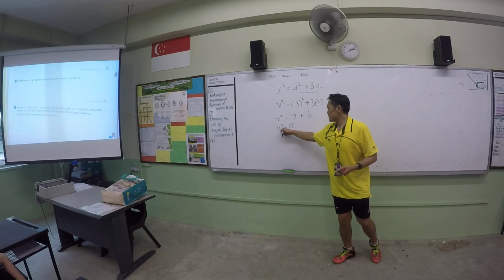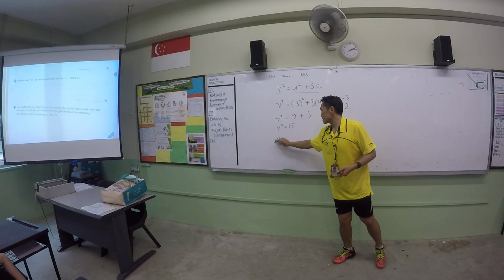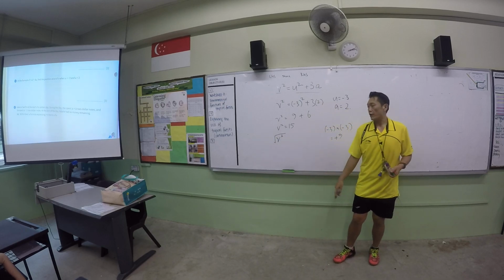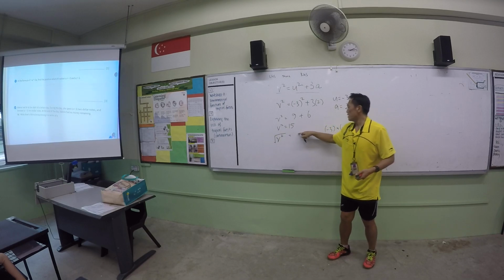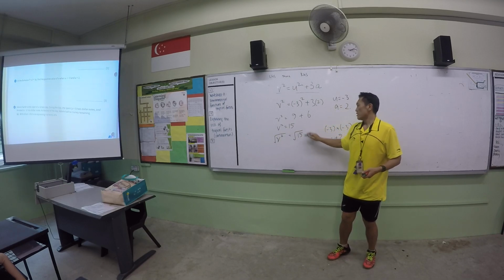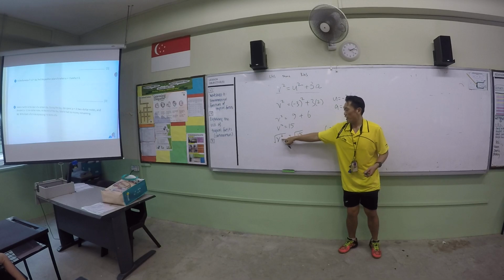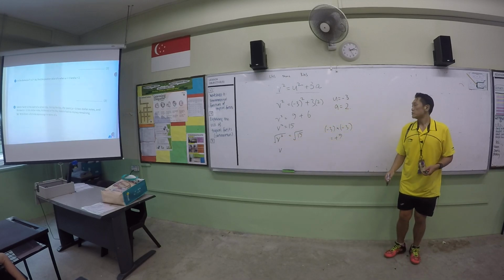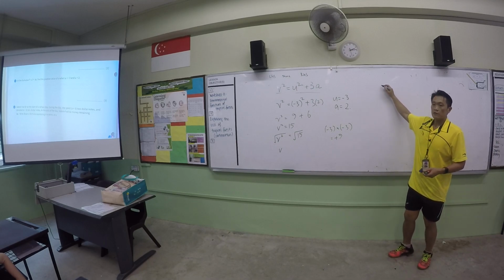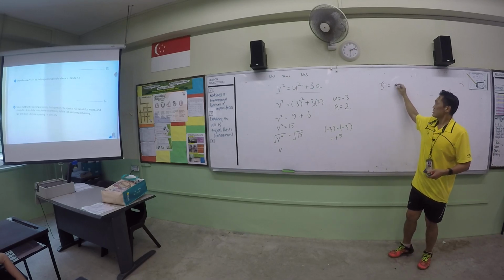So I want B instead of B squared. Because this is an equal sign, whatever I do here, I do the same thing. If I square root B square, it will become B. Okay? 3 square is 9.